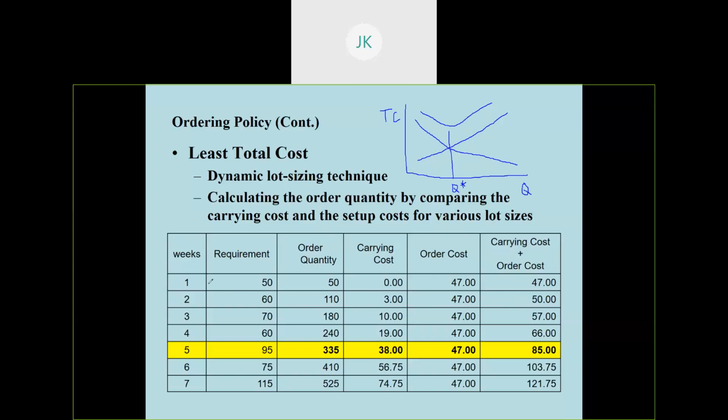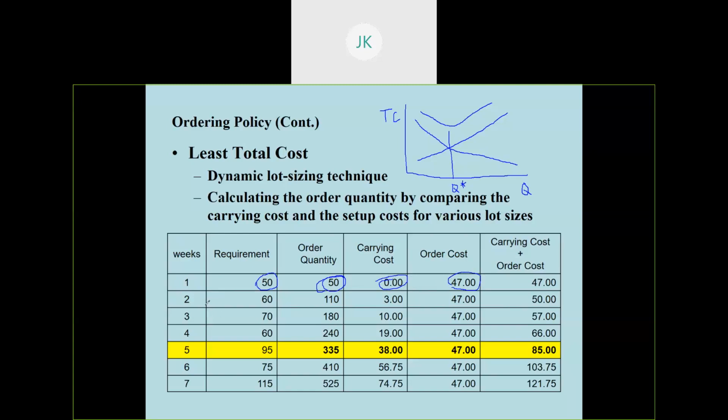if we need 50 in the first week, then order only one week's amount, 50. It is just the right amount consumed in a week, so there is no inventory, so carrying cost or inventory cost is 0, but there is always an order cost.